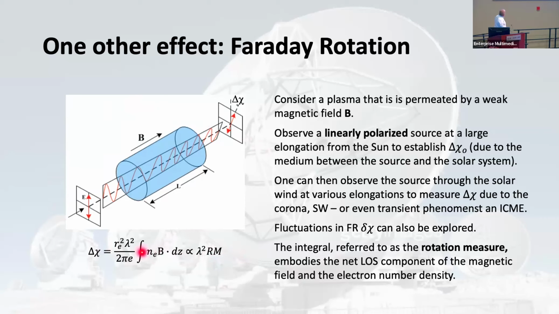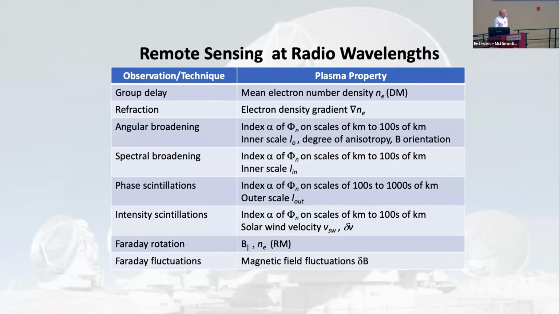Basically, the line of sight magnetic field times the electron number density. That's called the rotation measure. You can constrain that using Faraday rotation measurements. And furthermore, looking at fluctuations in the Faraday angle change, this delta chi, you can say something perhaps about plasma waves, or Alfvén waves in the magnetic field in the medium.